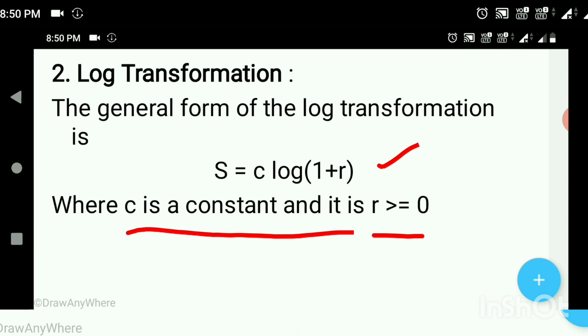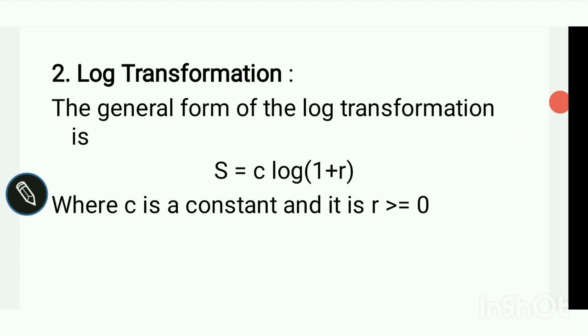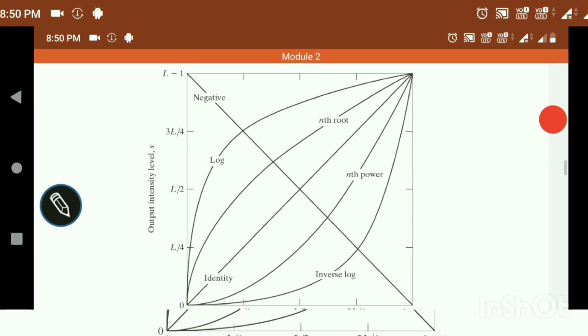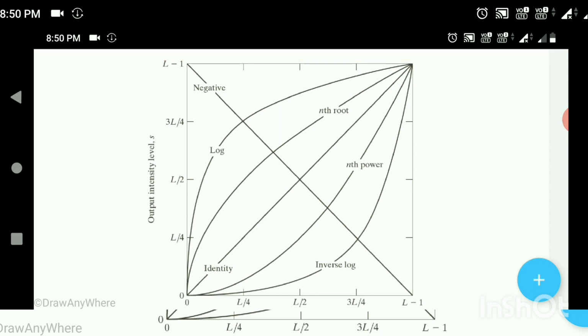Now let us see the graph of this one. The graph of this one is nothing but the log graph.